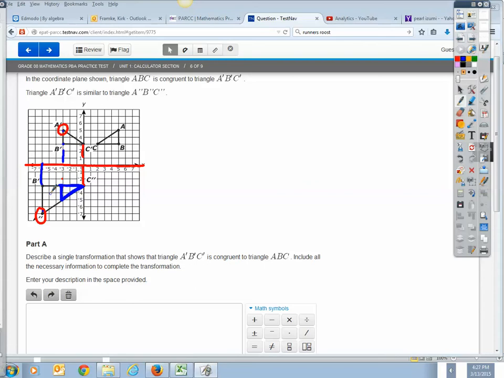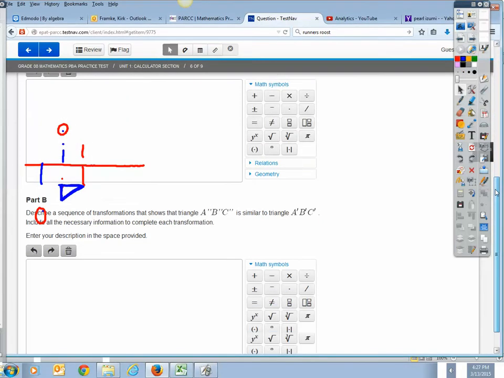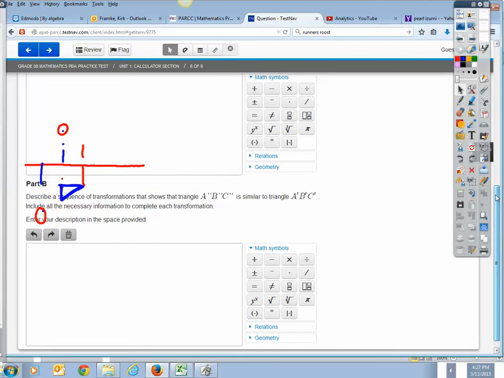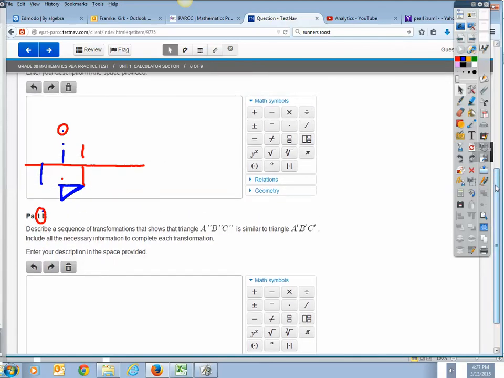And so I'm wondering if it asks for me to make the exact same triangle, or if it's enough to just prove they're similar. So I'm going to reread it. Describe a sequence of transformations that shows the triangle A double prime, B double prime, C double prime is similar to A prime, B prime, C prime. Include all necessary information. Okay. So then, similarity. What makes things similar?